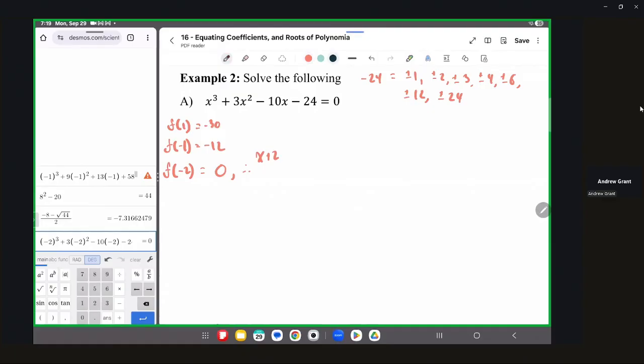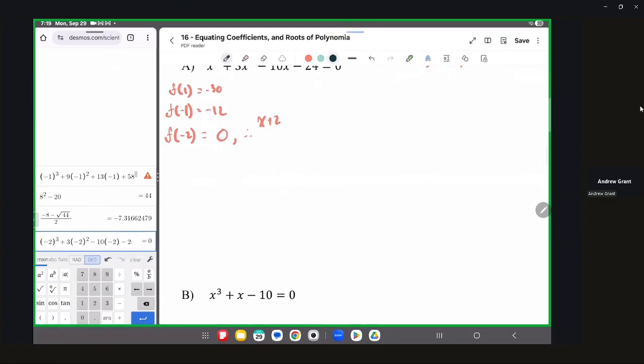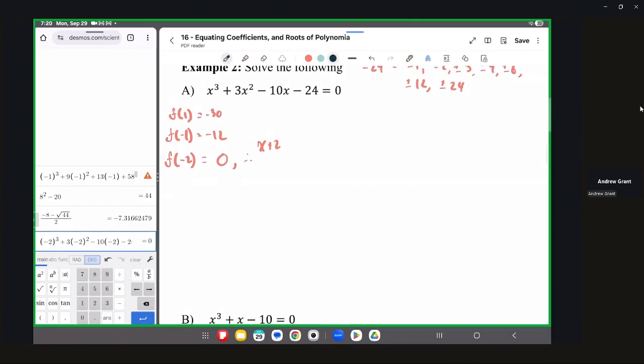Okay, so we're going to use some method to go ahead and factor this. So let's use undetermined coefficients. So since I believe we have the space for it. And so we know that this was going to factor to x plus 2 times ax squared plus bx plus c.